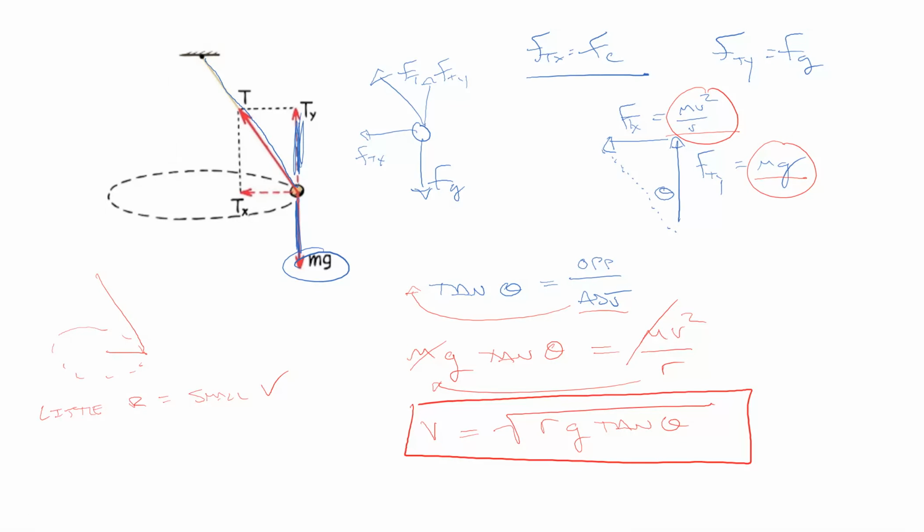But if the velocity is really large, it creates a large circular path that it goes on. So if I have a bigger radius, that is going to equal a larger velocity. So as r gets bigger, the velocity will get bigger. And that makes sense when we swirl things around and we see what they do.